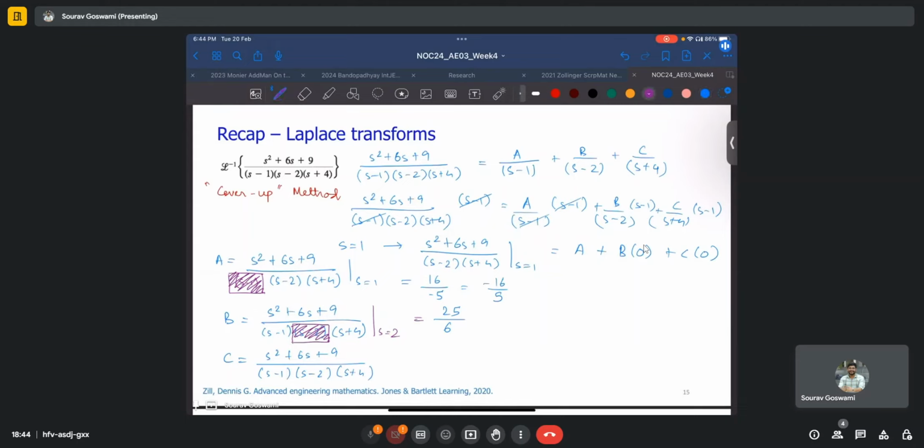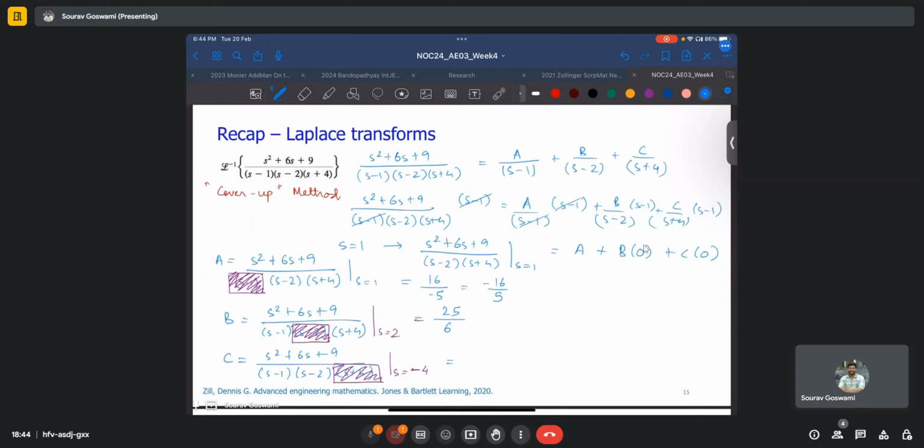And similarly for c. c is the coefficient of the third term, which is 1 by s plus 4. So we cover up s plus 4, and evaluate this at s equals minus 4, since minus 4 is the corresponding root.